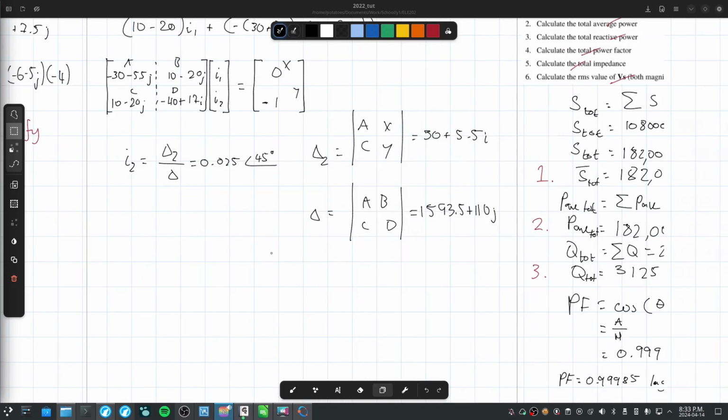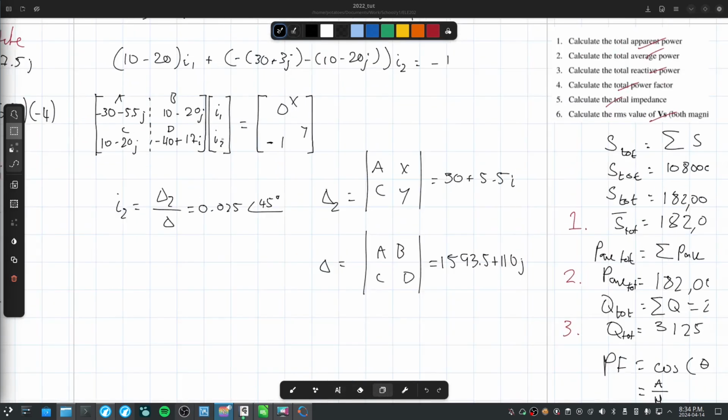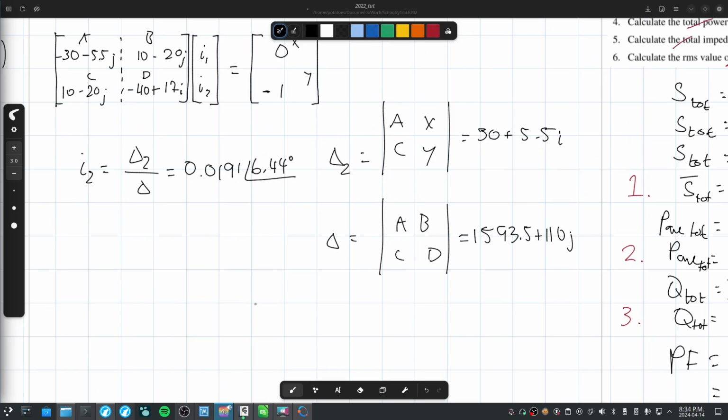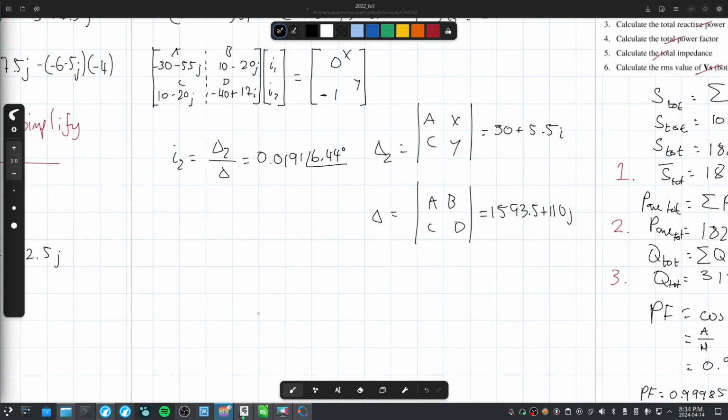So, now we do Cramer's rule, finally. 1593.5 plus 110i, and you will get that the second current is 0.0191 with a phase of 6.44 degrees. So that's our I2.